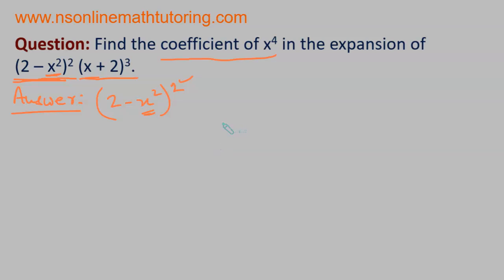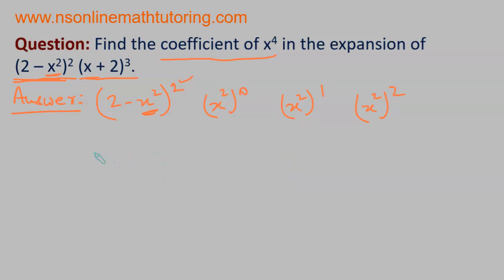We know that. So I just write the powers of x square. x square to the power of 0, x square raised to the power of 1, and x square raised to the power of 2. Okay.